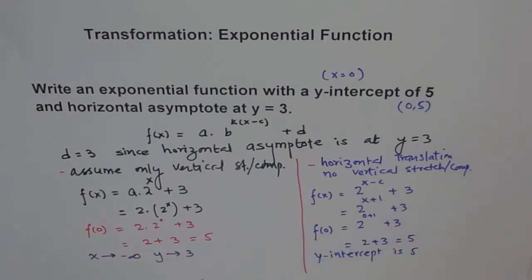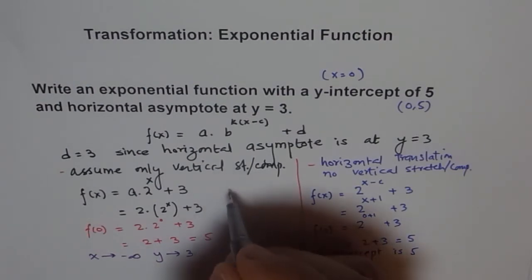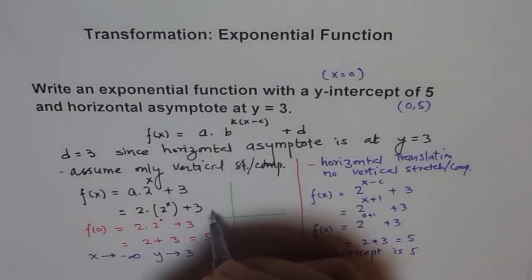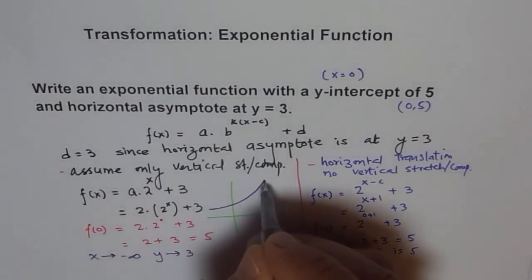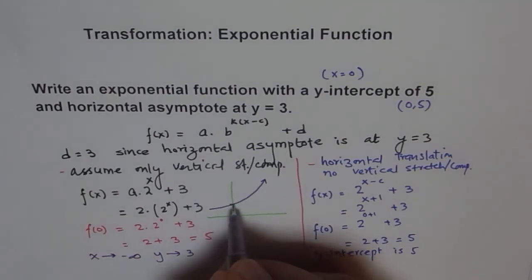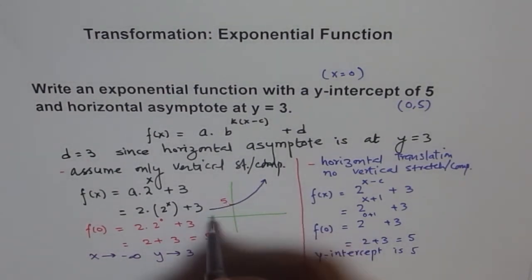Therefore, it could be graphed like this. Here, this point is 5 for us, and the line which it is approaching is at 3.